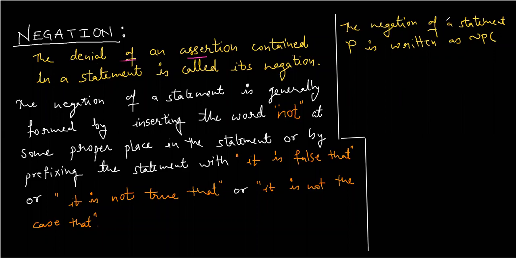In brackets I will write read as not P. How do you read this? You read this as not P, or you can also read that as negation P.